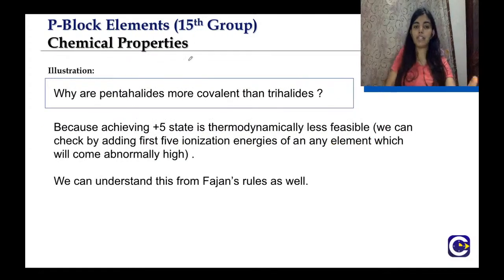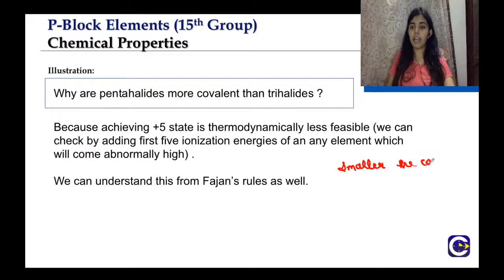Okay, I'll explain this question again. See here, Fajan's rule explains that smaller the cation and larger the anion, greater is the covalent character. So we all know that as the positive charge on the ion increases, there is a decrease in size.